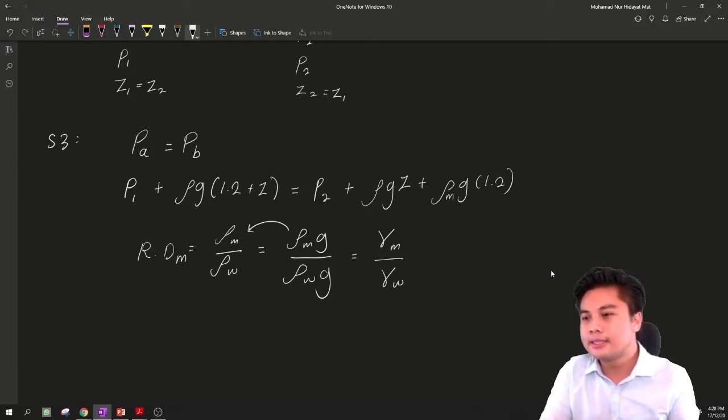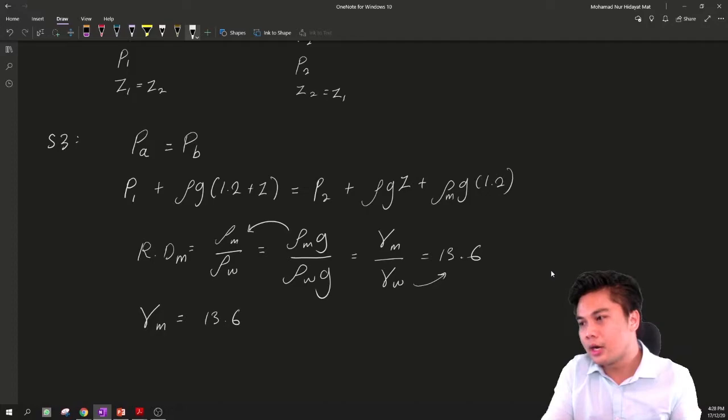The relative density of mercury is 13.6. So in order to get gamma for mercury, 13.6 must be multiplied by gamma of water.